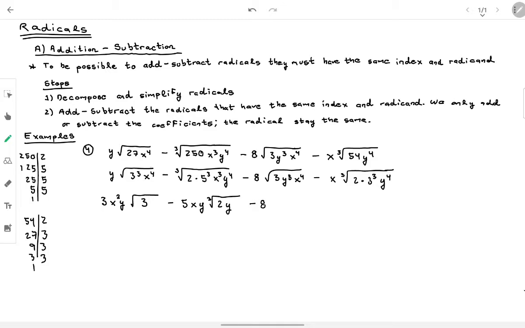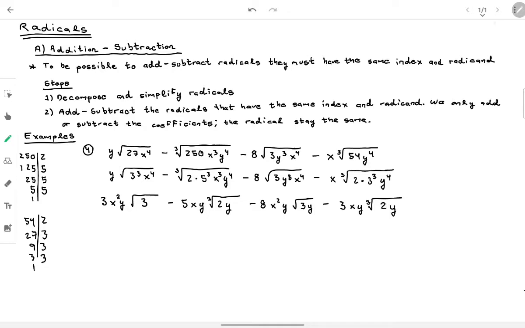Minus 8, we can take out 2 x's, 1 y, and in the inside part it's going to be 3y. And on the other one, let's see, what can we get out? We can get out a 3, and we can get out a y, and in the inside part is going to be the cubic root of 2y.